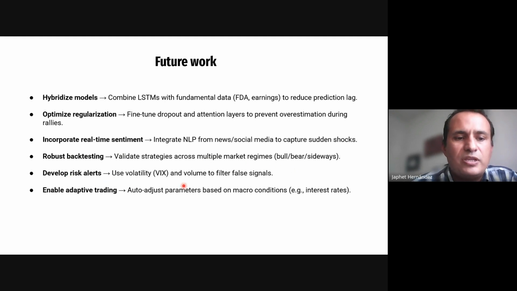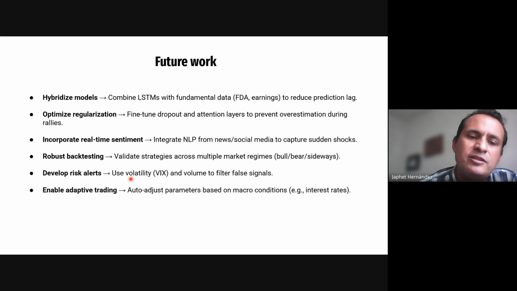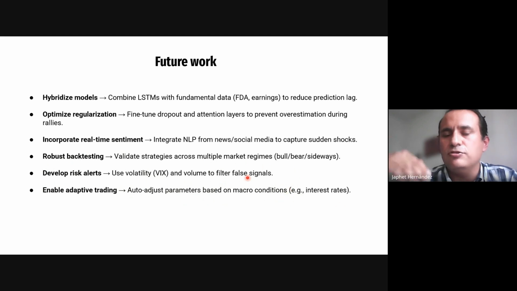So also the risk alerts. A strong recommendation is to integrate volume and volatility indicators to filter false signals. And finally, to adjust in an automatic manner the parameters based on macro conditions like interest rates and any other external data.